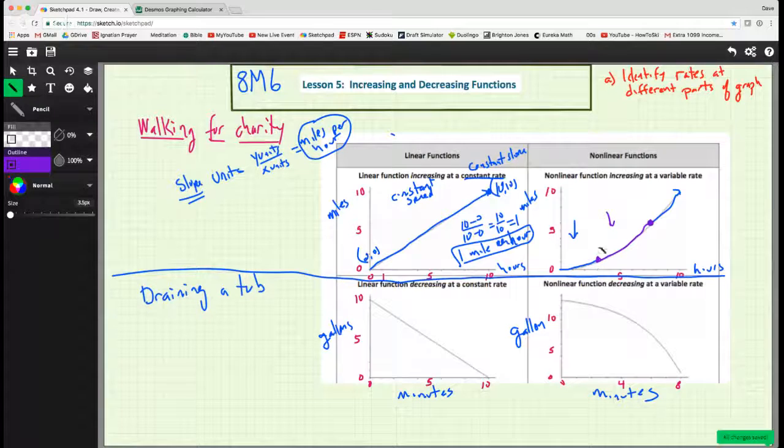So here we have a point, and this point here is 3, 1. This point here is about 8, 6. And here we have a point of 10, 10. So let's look at what's going on with our slope at each section.